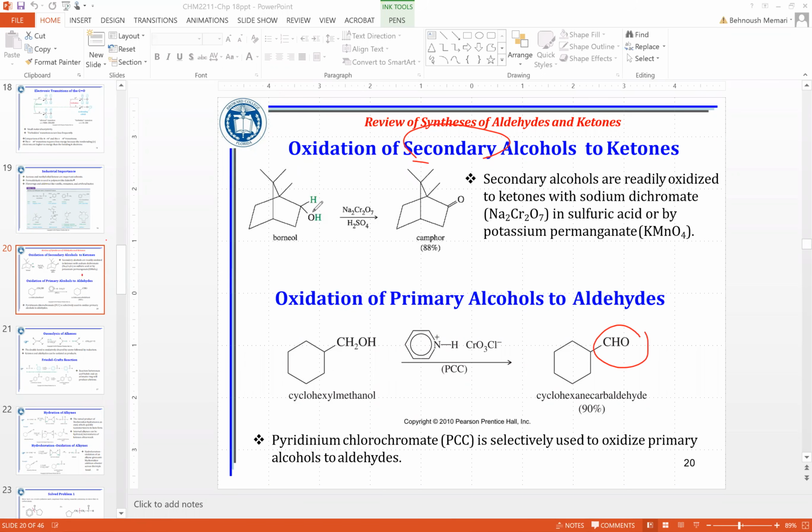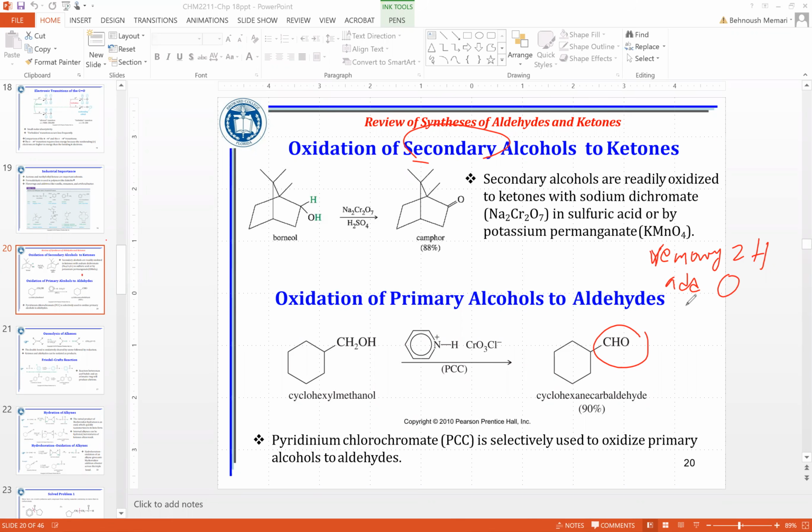With oxidation meaning removing, okay? When you say oxidation in organic chemistry, you are removing two hydrogens or adding oxygen, okay? Or an oxygen bond.